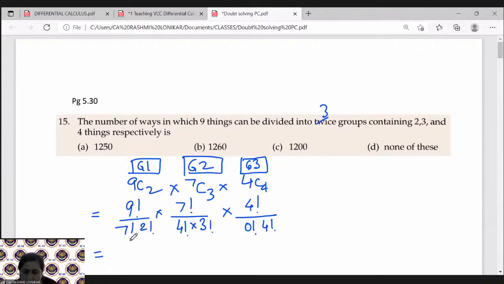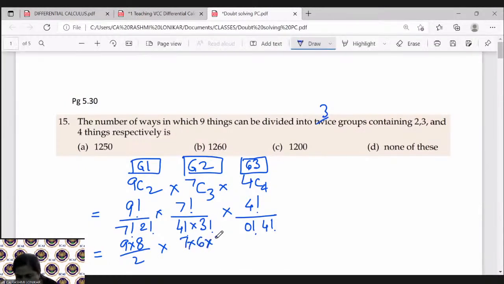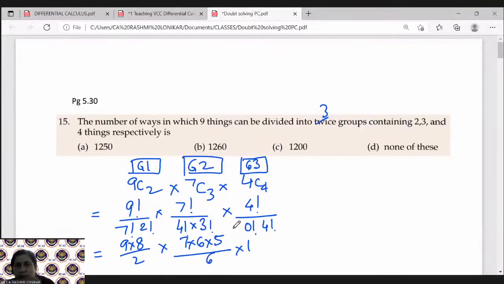Now this is 9 into 8 upon 2 into 7 into 6 into 5 upon 6 into 1. Because this 4 factorial and 4 factorial get cancelled, you get 1. Because you can choose 4 things from 4 things only in one way, that is why the answer is 1 for this one.